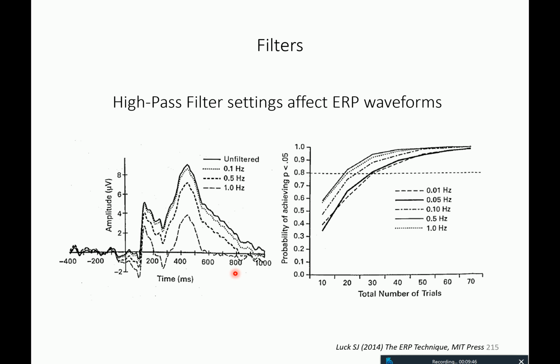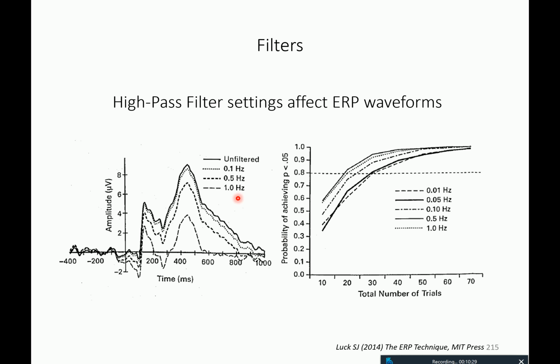And this shows an example. On the event-related potential waveforms, unfiltered, you have this black line, and then if you set your high-pass filter to increasing thresholds, so here you filter out everything below 0.1 Hertz, here below 0.5 Hertz, and here below 1 Hertz, it attenuates the ERP amplitude. Of course, one can think long about why this might be the case, but in the end, this is essentially just the empirical finding.